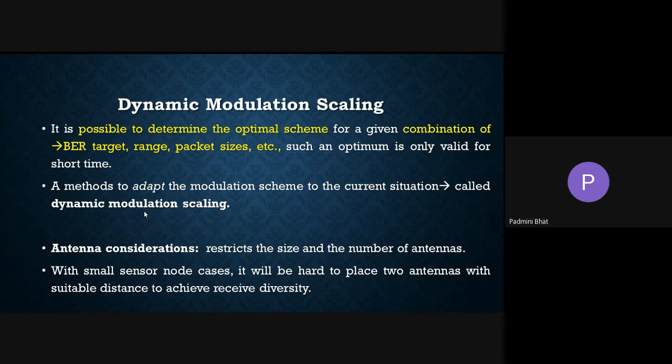First of all, we should see how fast the signal goes on degrading. That is called fast fading. Fast fading is when the degradation is 30 to 40 dB per kilometer; then it is called fast fading or multipath fading.